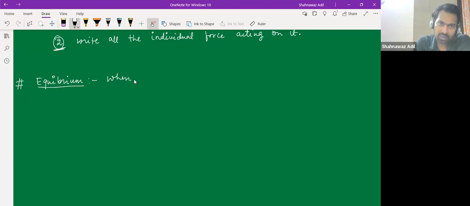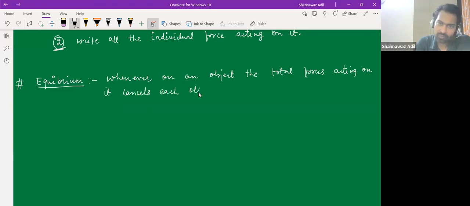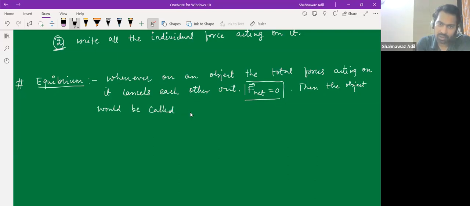Whenever on an object the total forces acting on it cancel each other out, which means to say that F net is zero, then the object would be called in equilibrium.